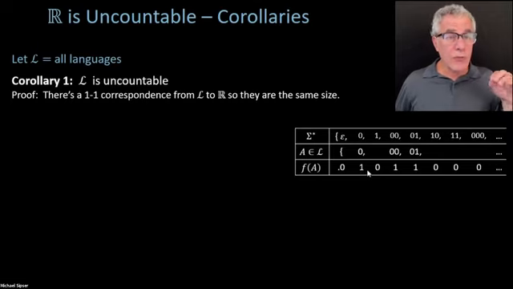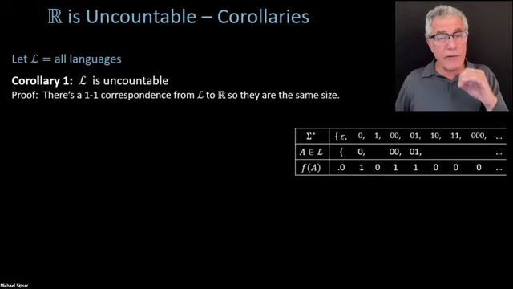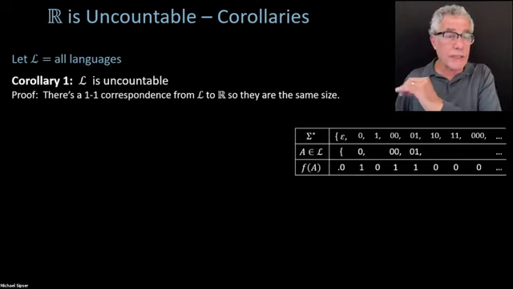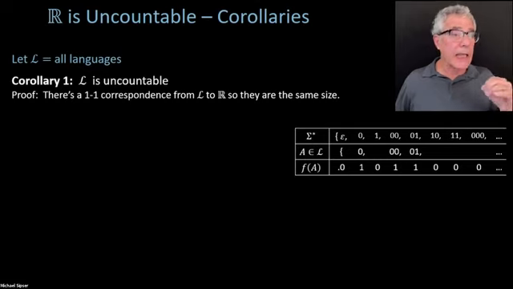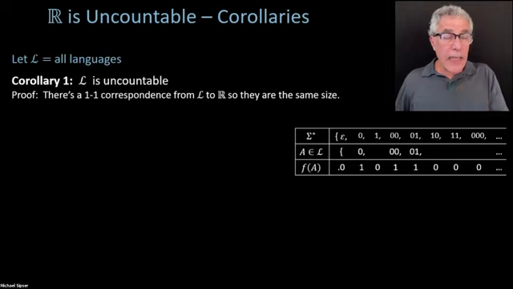And so a real number, because there's infinitely many yes-no choices in the binary representation, can represent a language because of each of the yes-no choices of a string being present or not. I'm going to put a 1 for when the string is present, a 0 when it's not present. So each language has its own real number, and each real number is going to be associated to its own language. Here I'm restricting myself to real numbers between 0 and 1.